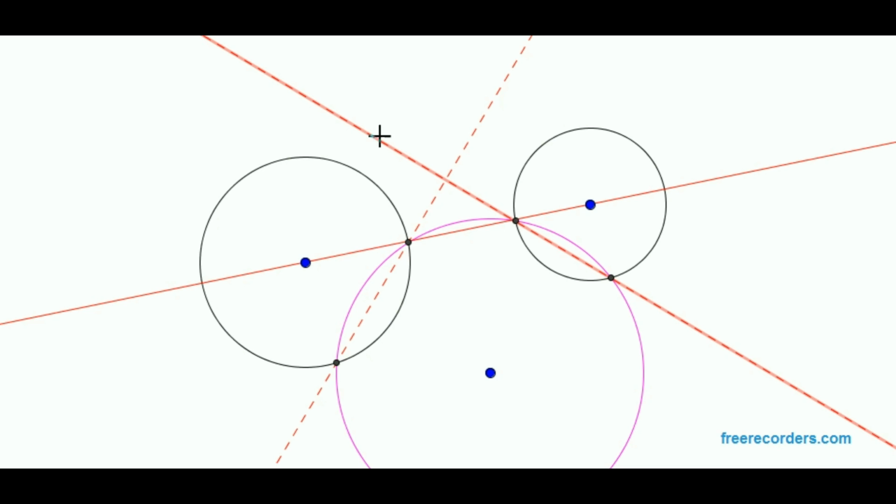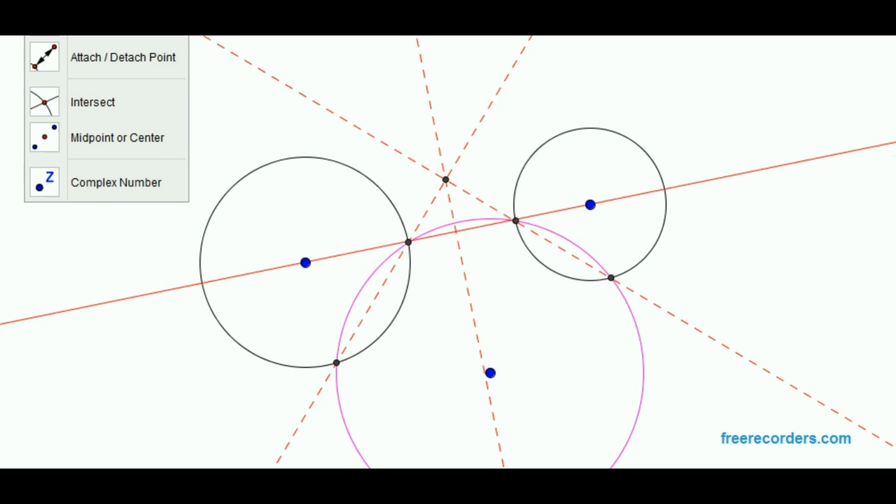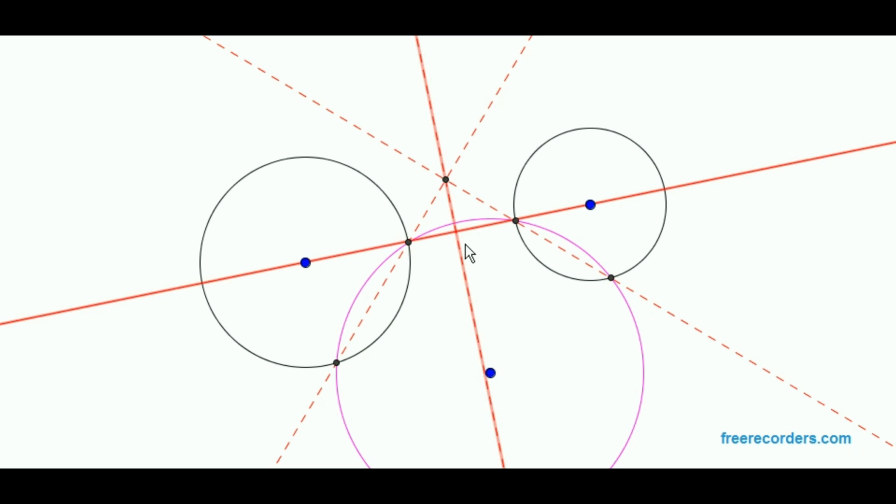And now, if there is a common chord between the left and right circle, our first fact means it should be perpendicular to this line, and our second fact means it should go through the meeting point of these two lines. So if we draw it in, it should look like that. So that is in fact the common chord of the left and right circle, and the meeting point between them has real parts like this green point here.